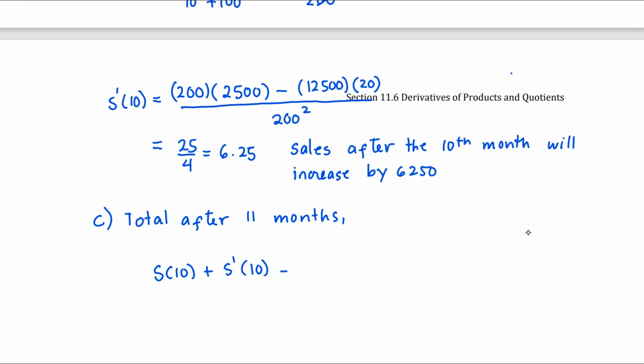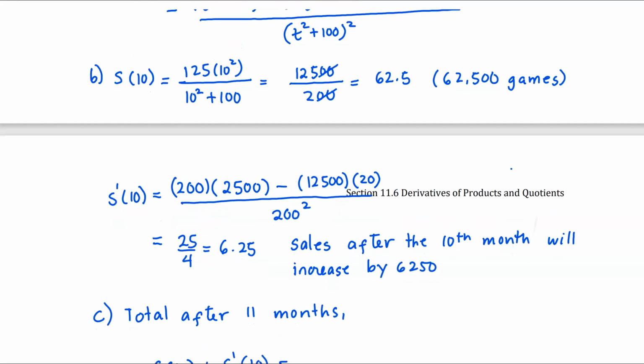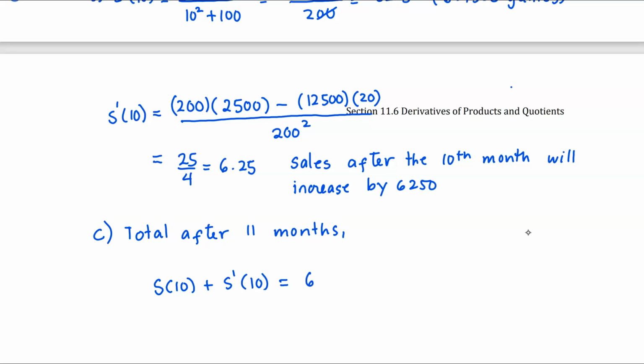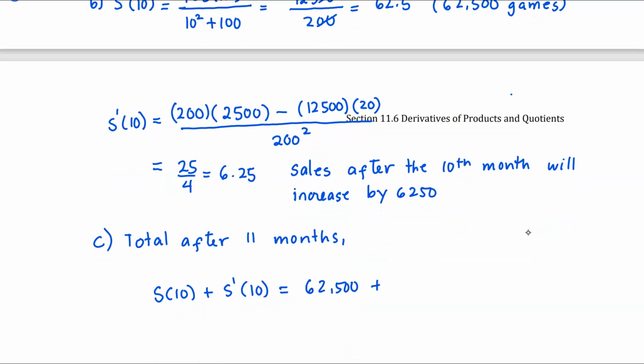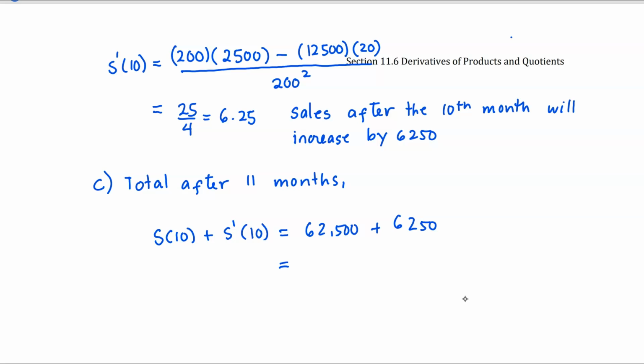So our s of 10 is equal to 62,500 games plus 6,250. So this one is equal to 68,750. So that means the sales after 11 months is 68,750 games.